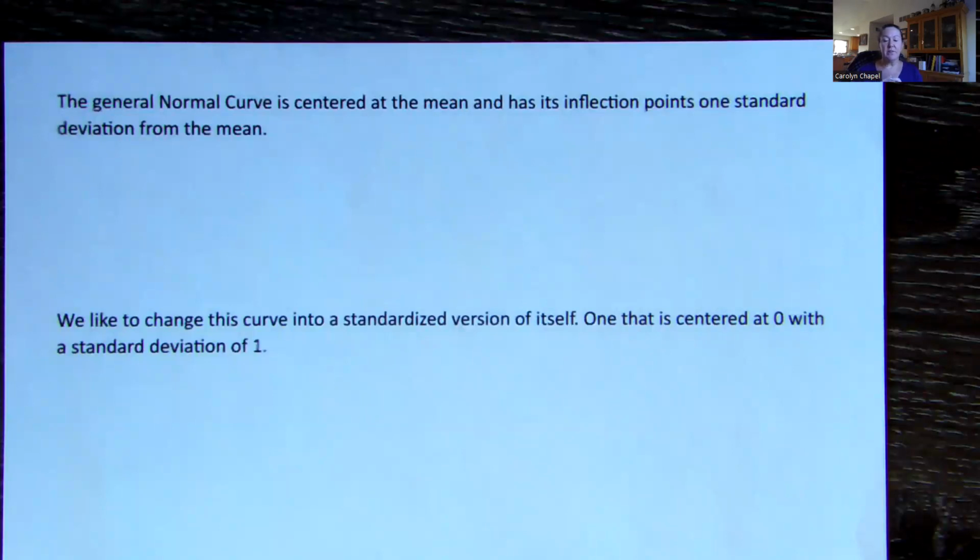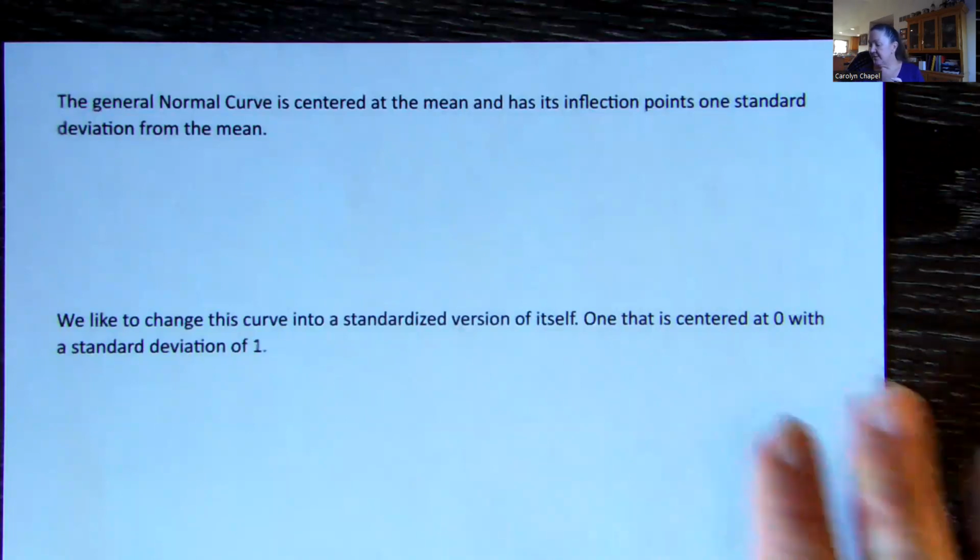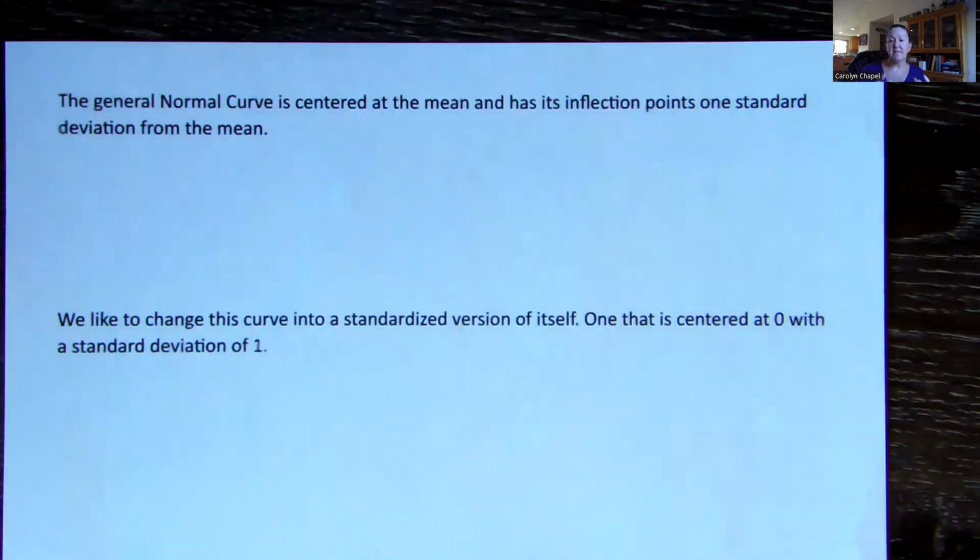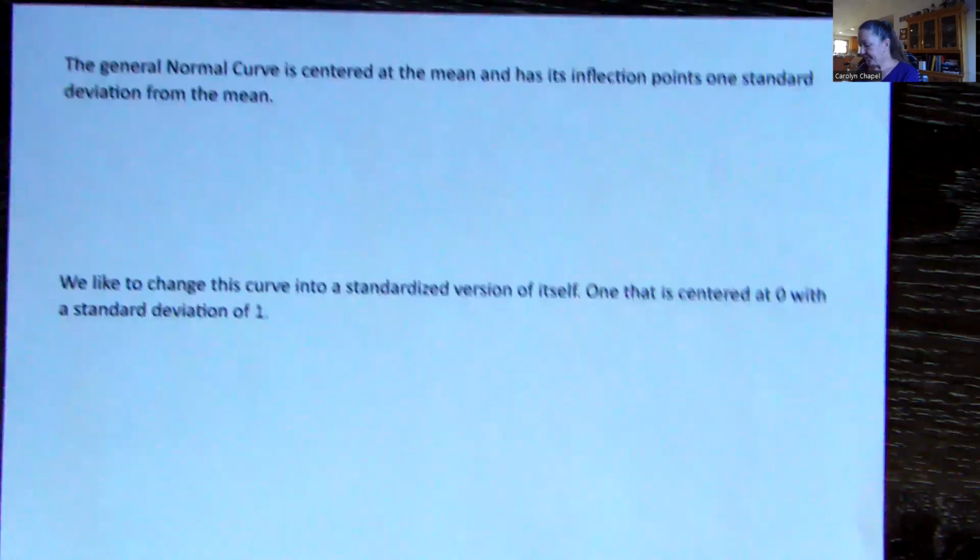What we found is that we can transfer all of these to what we call a standardized version of itself, one that is going to be centered at 0, that has a standard deviation of 1. And we'll study this quite a bit. And that way, we only have to do all the math on 1 curve, and then have some sort of little formula for us to be able to take any curve and transform it into this curve. And we've seen that formula already.